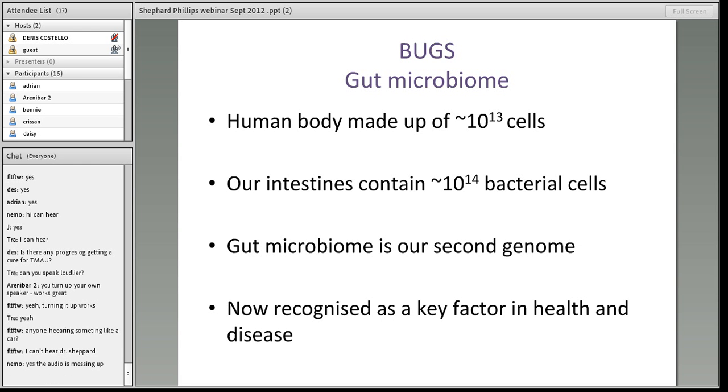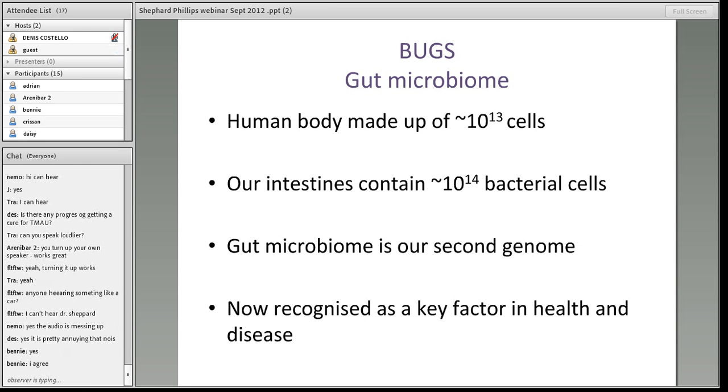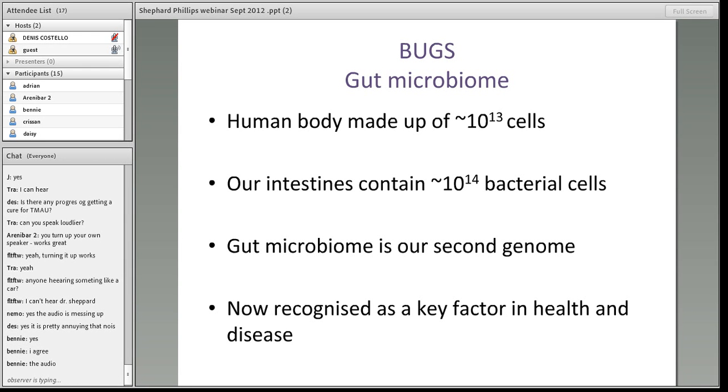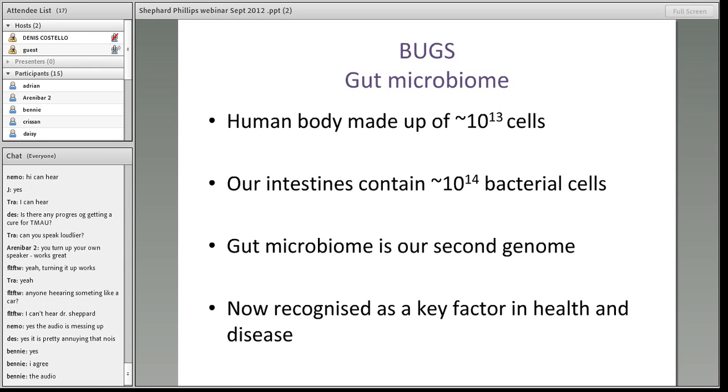Now, it's quite interesting. As we've sequenced the human genome, we found that we only have about 30,000 genes that code for proteins. And a very simple worm has 14,000 genes. That's not very much different in what it takes to make a worm or a human. And so people are starting to think of how we can actually do all the reactions and make use of all the nutrients with such a limited number of genes.